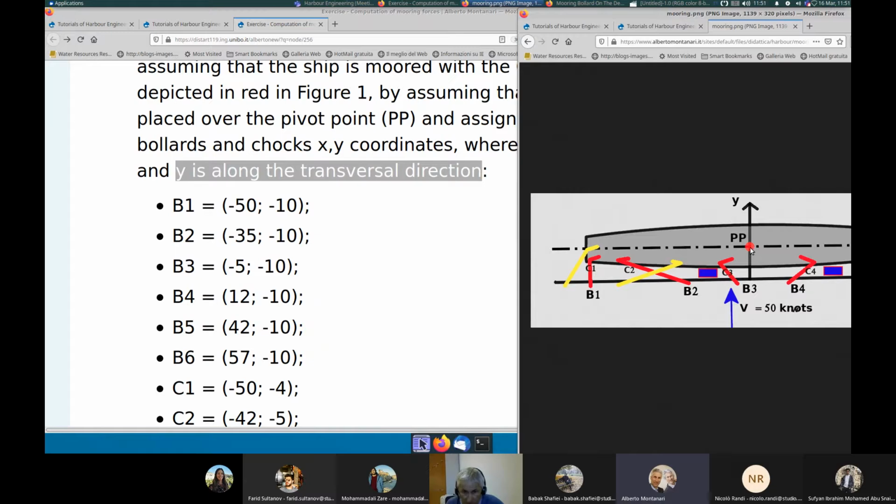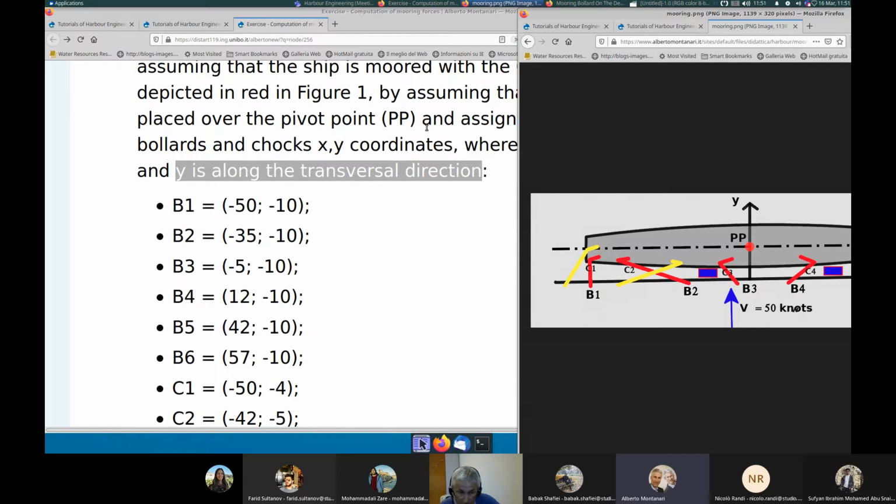This is the pivot point of the ship, which is located as described in the text, and precisely, if you remember, the text says that it's located 55 centimeters from the stern.